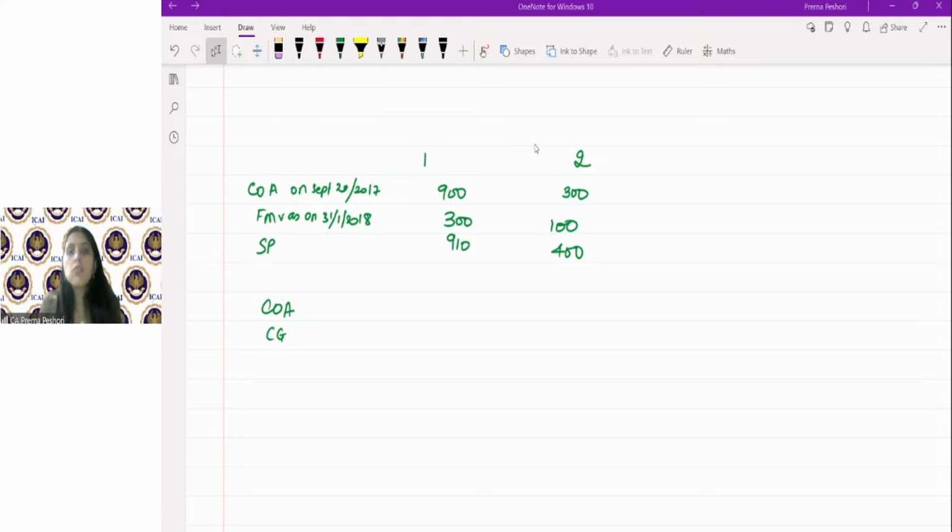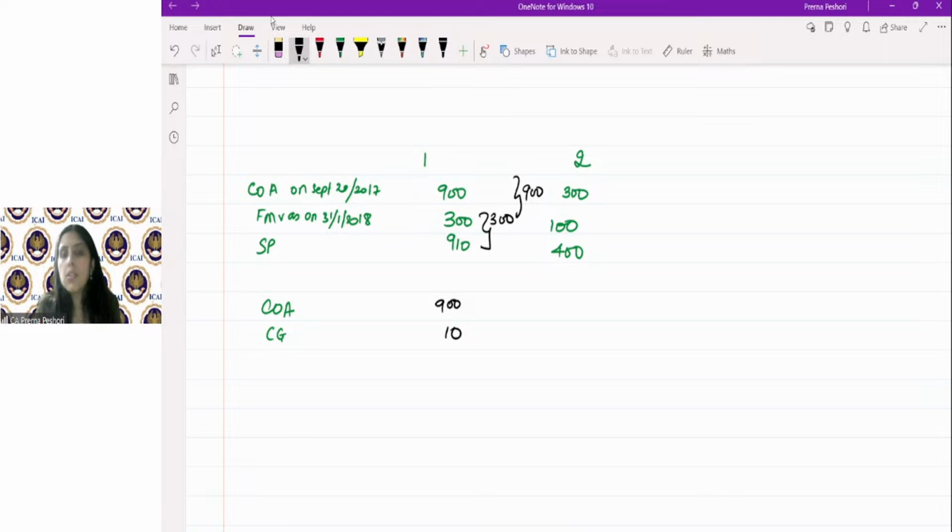So here, the lower of these amounts is 300, the higher of this is 900. So cost of acquisition will be 900 and capital gain will be 910 minus 900, which is 10.